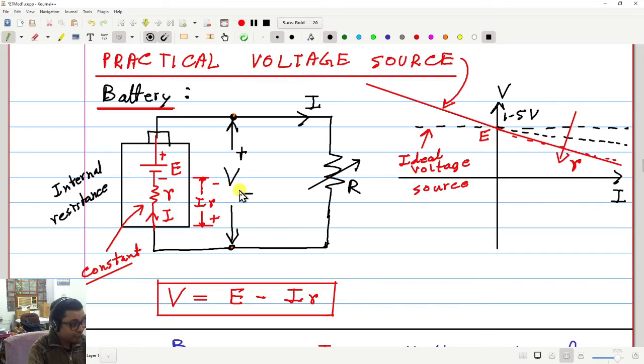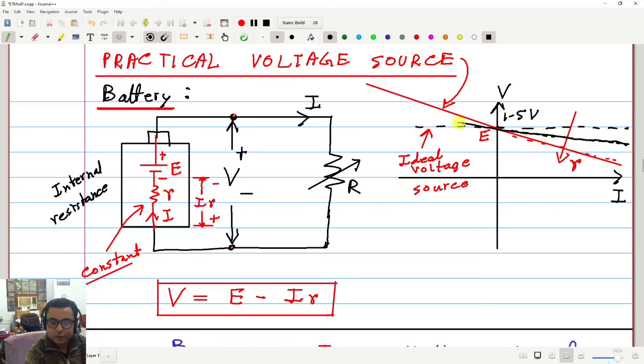No, for a given value of little r, the graph will be a straight line. For one particular value of little r, if you are changing this capital R, then the graph will be a straight line. And if you change the little internal resistance also, for different values of little r, you will get different straight lines.